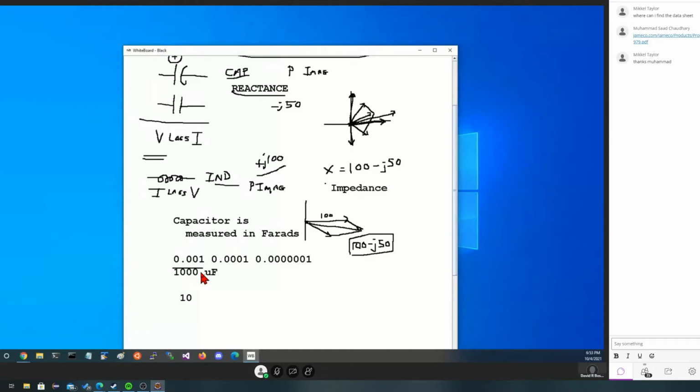The second one, we would say 100 microfarad. The next one, what do you think it's going to be? What do you think, Dante? Would that be 0.1 microfarad? Yeah, you've caught on here. When we're talking about capacitors, a farad is a pretty large unit.